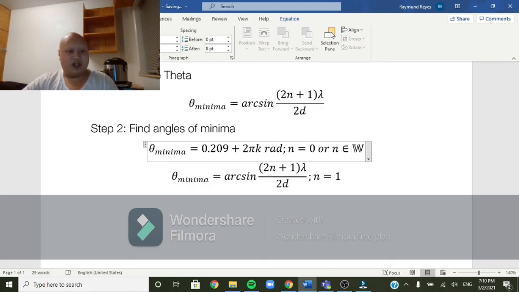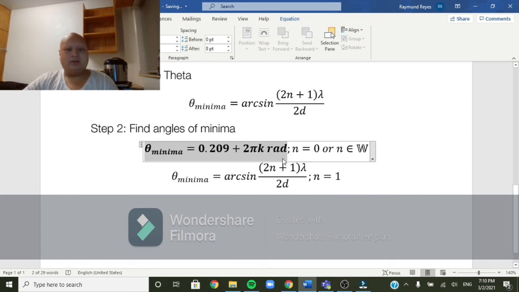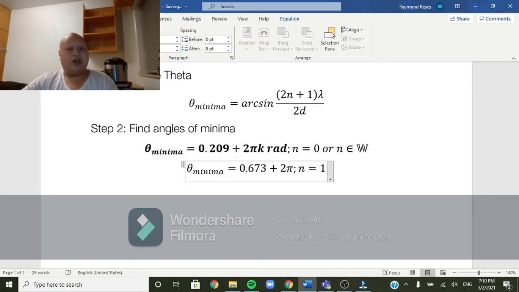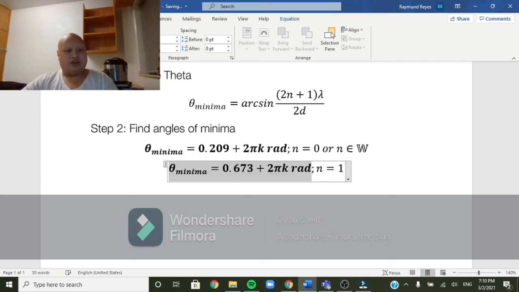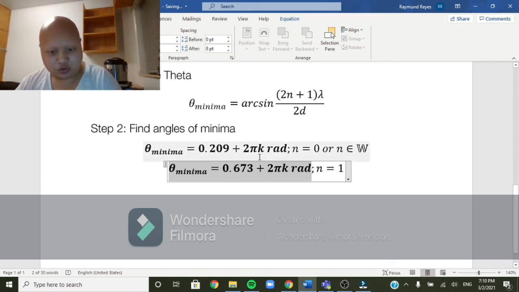So the answer at n equals 0 is 0.29 plus 2 pi k radians. That's for n equals 0. For n equals 1, you can just plug in 1 for n, and plug in the other numbers for lambda and d. So you get 0.673 plus 2 pi k radians. Usually they use n, but n is already being used in this equation for the order.